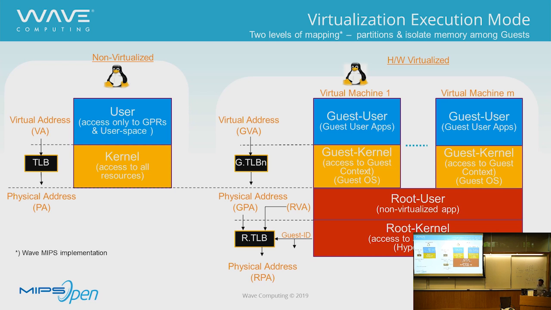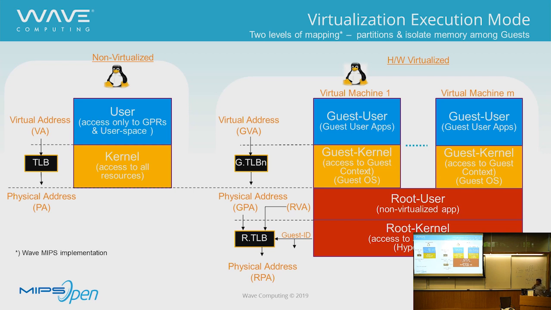With hardware virtualization capability, which is some of the capability that we are providing through MIPS Open, now you're able to have, on the right side of the diagram, 4 levels. You've got the root level. If you remember from that diagram, the root was at the bottom. The root level here is the privileged state, the highest privilege state of the CPU.